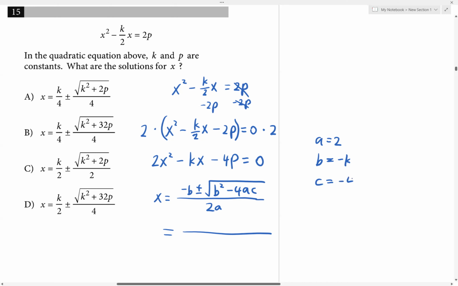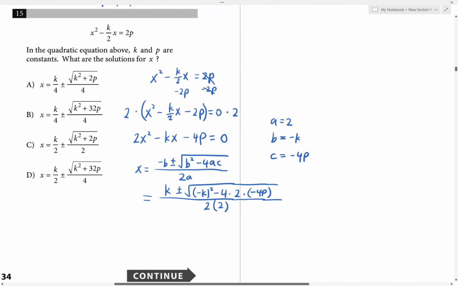So we're going to plug it in like what we have here. Negative b, so negative negative k, that should be positive k, plus or minus the square root of b squared, which is negative k squared, minus 4 times a, which is 2, times c, which is negative 4p, and all over 2 times a, which is 2.